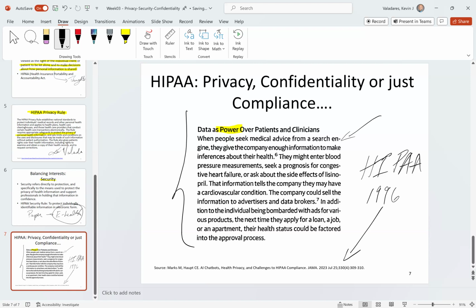And so I'd ask you to think about this as we enter what I would say is a new phase in the health informatics world, which is how do we deal with the challenges related to confidentiality, privacy, and security, mainly the first two, when this was created at a different time.